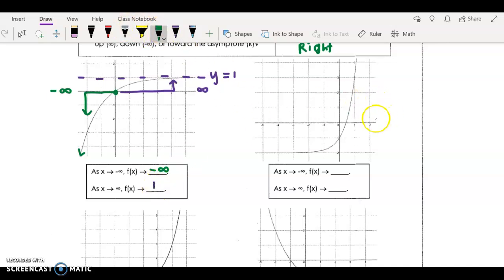On this next example, moving toward negative infinity on the left of the graph, this end of the graph is approaching the asymptote, which is y equals negative 2. And then moving toward the right-hand side where x is positive infinity, the arrow of the graph points up toward positive infinity.